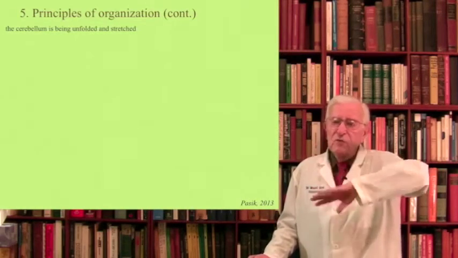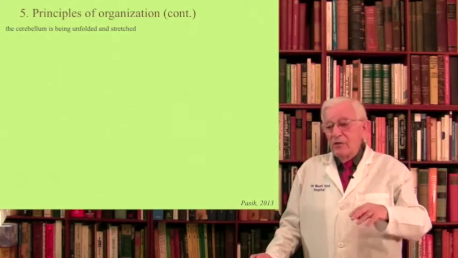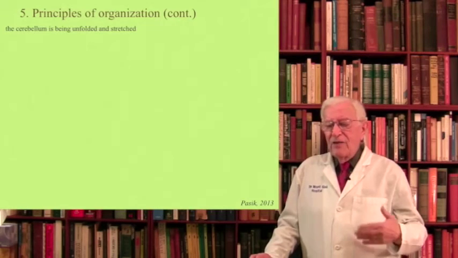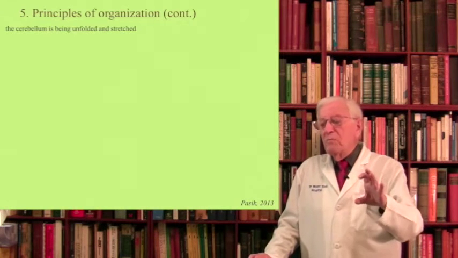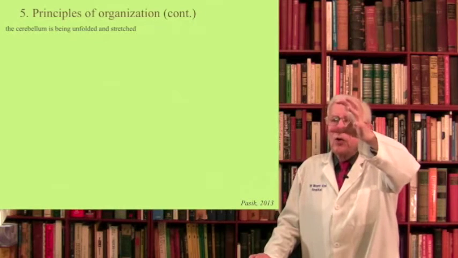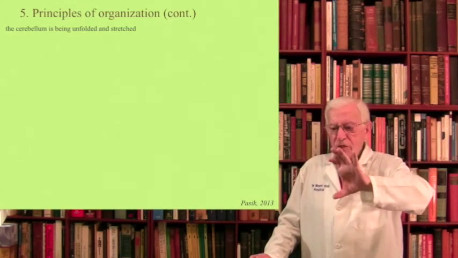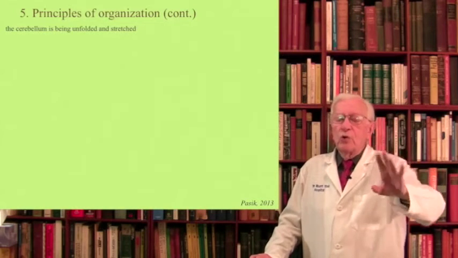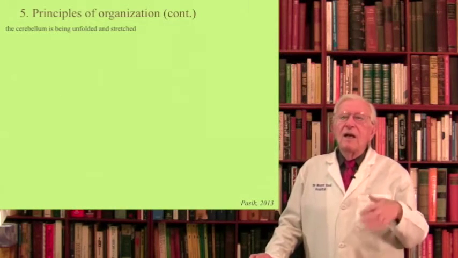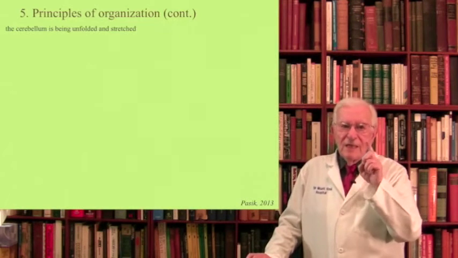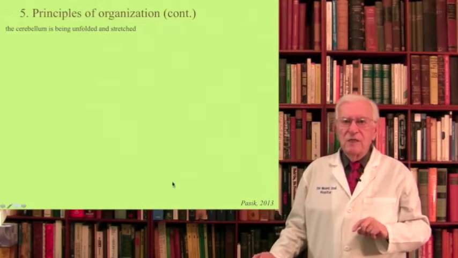And some of these enfoldings are very deep, and therefore 2 deep ones are like dividing the cerebellum into an anterior lobe, then a posterior lobe, and then another little one that is the so-called flocculonodular lobe. As we are going to see, functionally, this does not make lots of sense.